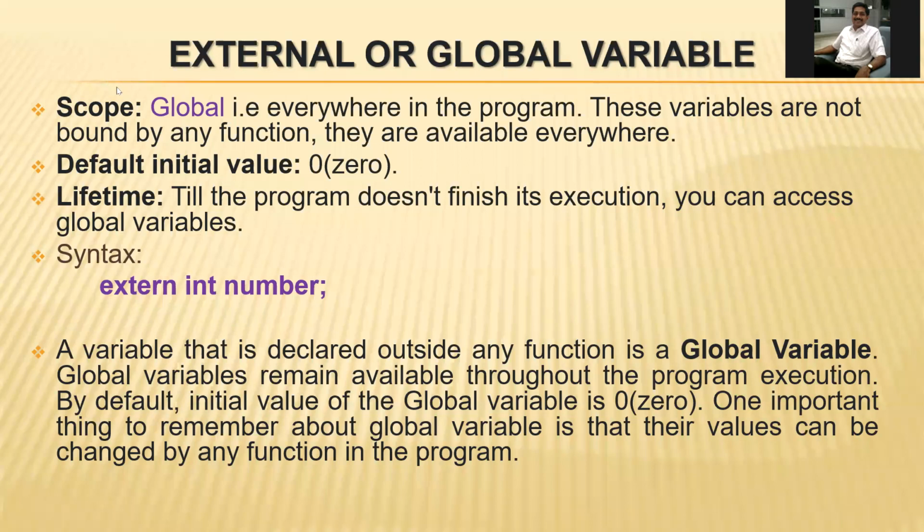The automatic variable was a local variable, but the external variable is a global variable. Global in the sense that it can be used anywhere in the program. The default initial value of this external variable will always be 0.